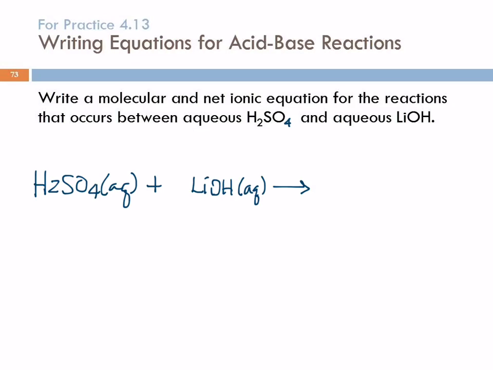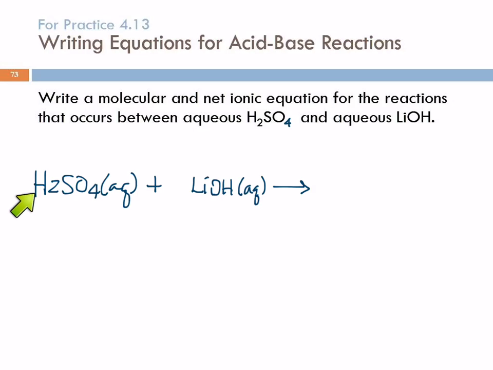Okay, so what are we going to end up with? We're going to treat this the same way we did precipitation reactions. Look at the individual ions, swap the partners, combine them in the new way, and see what we end up with. So H2SO4. Well, in neutralization reactions, all the hydrogen ions are going to react.